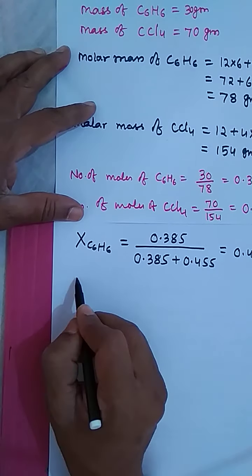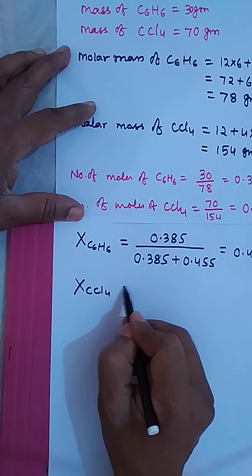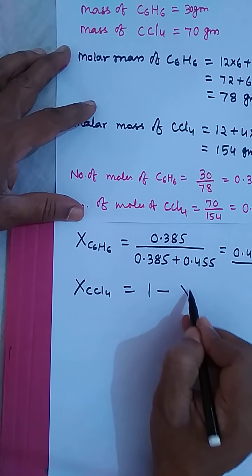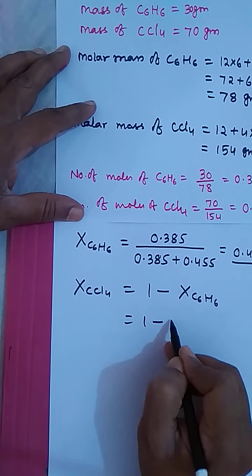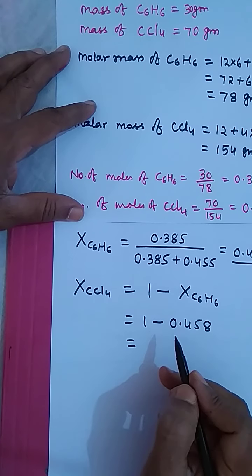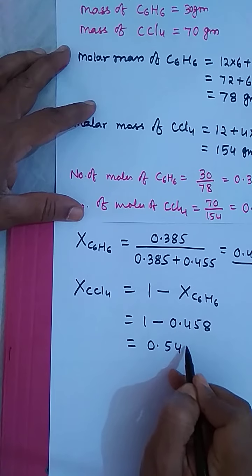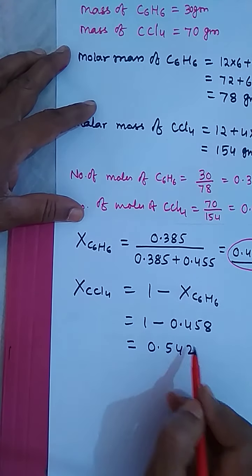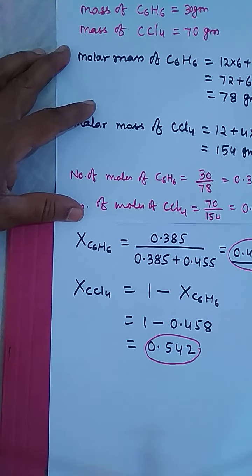So how much is the mole fraction of CCl4? It's very simple. You subtract this quantity from 1. 1 minus mole fraction of C6H6. This is 1 minus 0.458 and it is equal to 0.542. So these are the mole fractions of benzene and carbon tetrachloride.